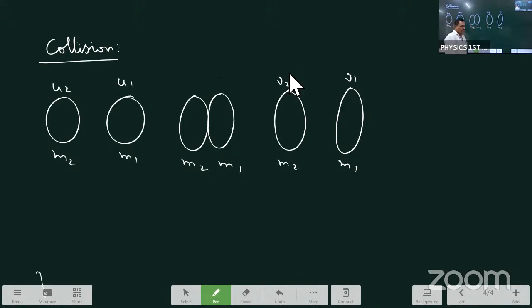In this, there are two types of collision.